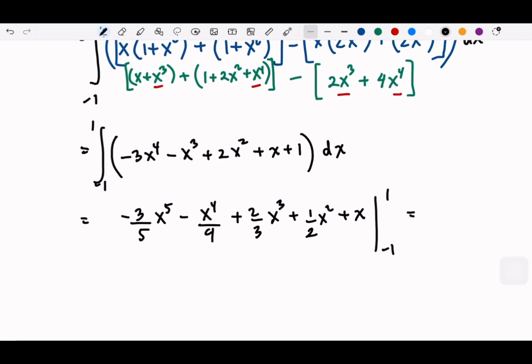If you have done up till here, if you want to use a calculator, that's okay. I think this will be simple enough to calculate. Or if you want to compute, I think it's okay. So -3/5 minus 1/4, so 3 halves plus 1. If you want to compute, we can compute.